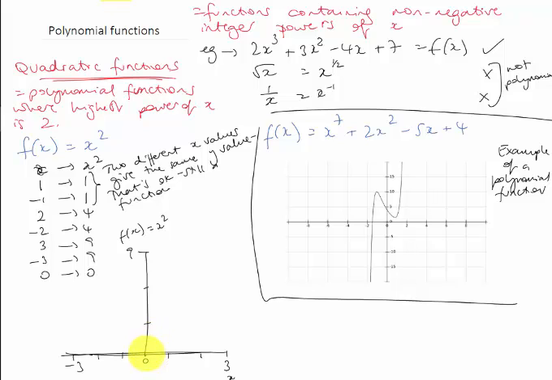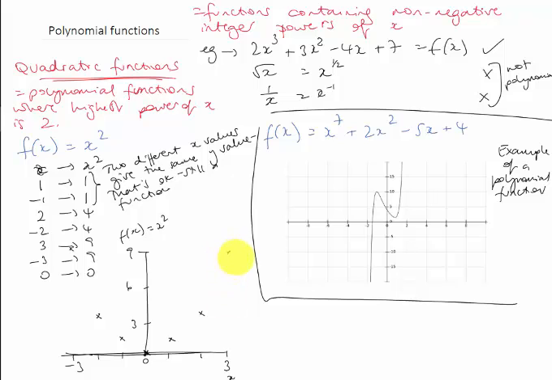So let's draw these points. So 0 gives us 0, 1 gives us 1, it's about here, minus 1 also gives us 1, 2 goes to 4, and minus 2 as well, and then 3 and minus 3 give us 9.